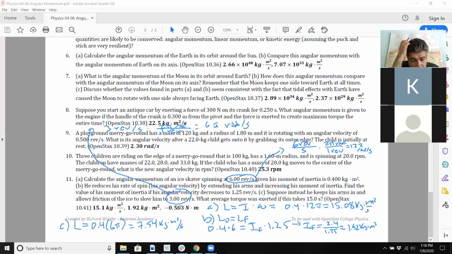Then what you need to do is, remember, delta L equals your torque times delta T. Initially the momentum was 15.08. So the change, 7.54 minus 15.08, equals your torque times delta T. And it takes 15 seconds.